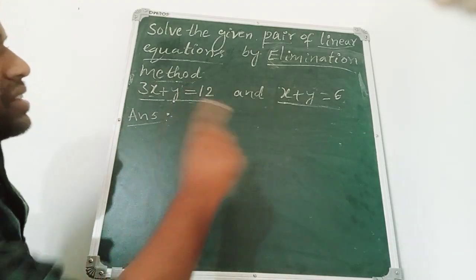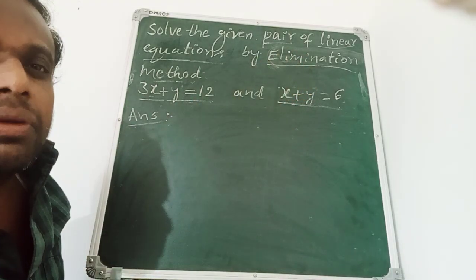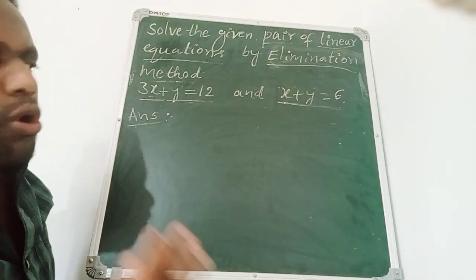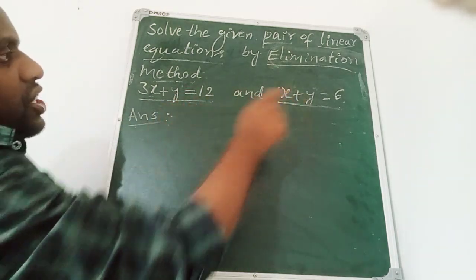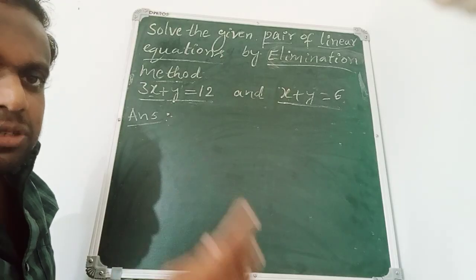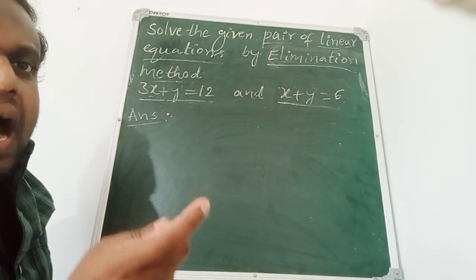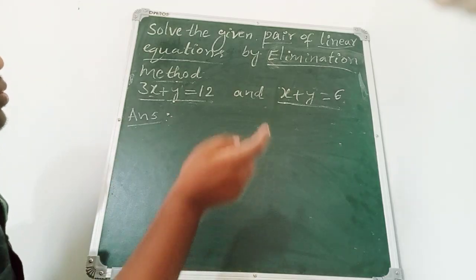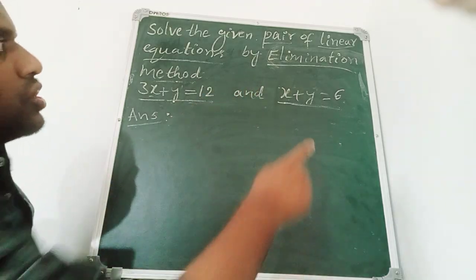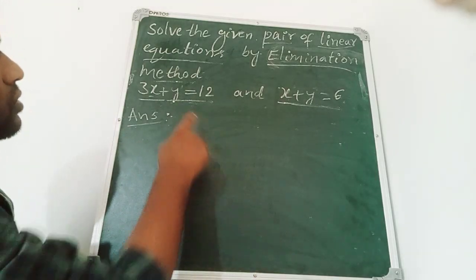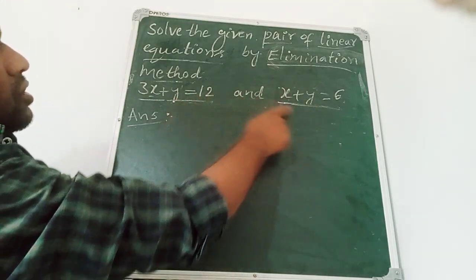This method is elimination method. There are different methods to solve these equations: one is substitution method, second is elimination method, third is matrix method. So here we should use elimination method only to solve these equations.